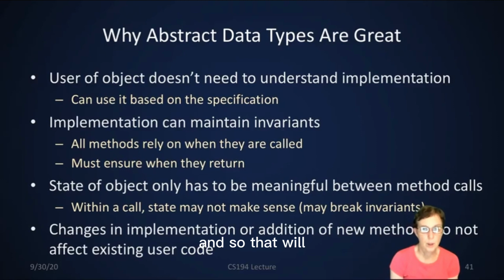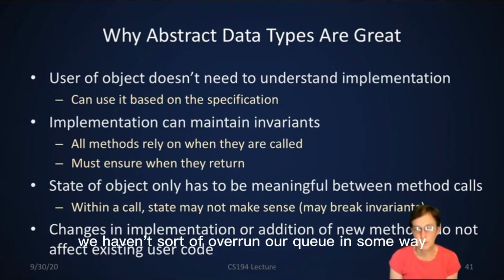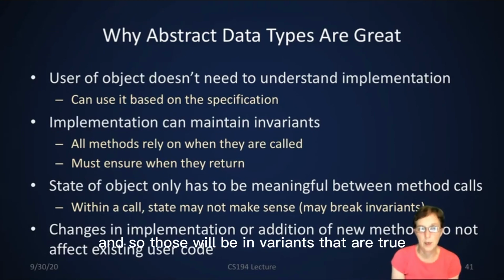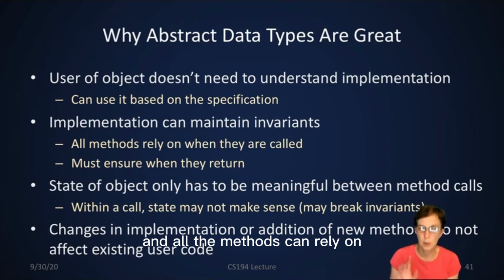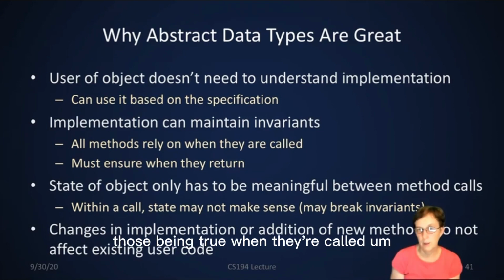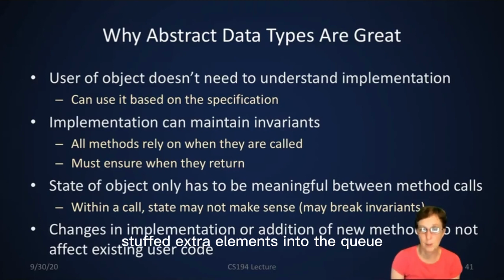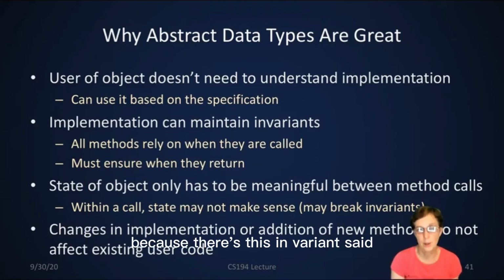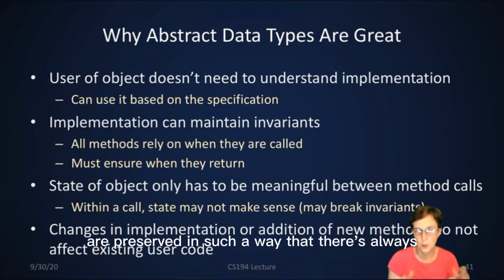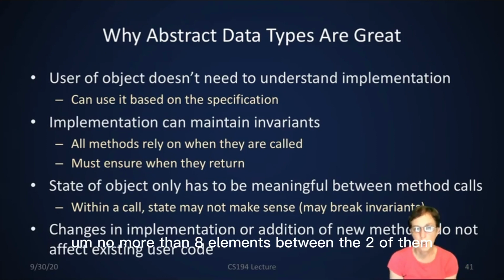And so that will tell us that we haven't sort of overrun our queue in some way. And so those will be invariants that are true. And all the methods can rely on those being true when they're called. And so you could be sure that nobody has somehow stuffed extra elements into the queue, because this invariant says there's only 8 elements in the queue, and the head and the tail pointers are preserved in such a way that there's always no more than 8 elements between the two of them.